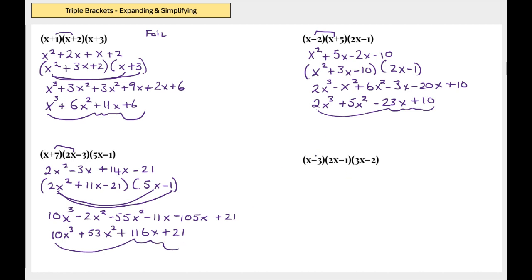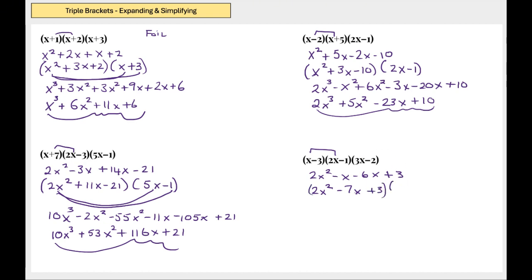And then finally, we're going to go this way again. And I'm going to do x times 3x, which is going to be 2x squared minus x minus 6x. And that's going to be a plus 3. Simplify it, 2x squared minus 7x plus 3.